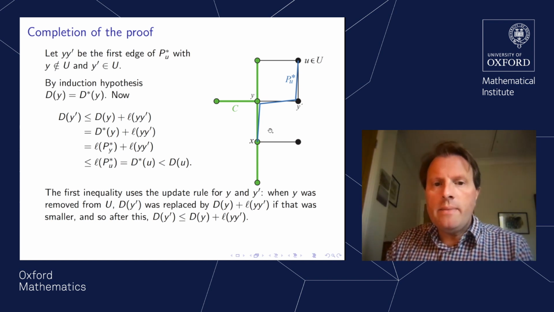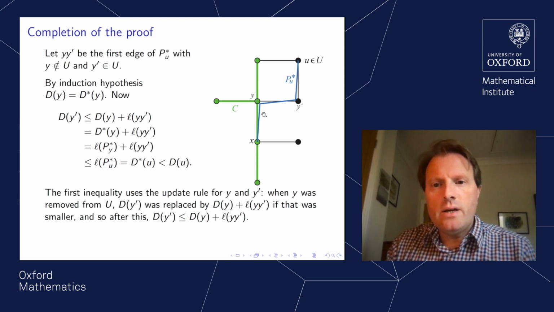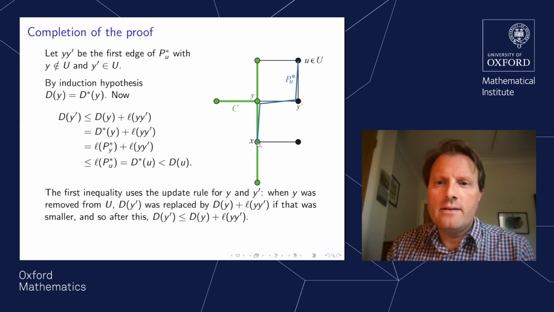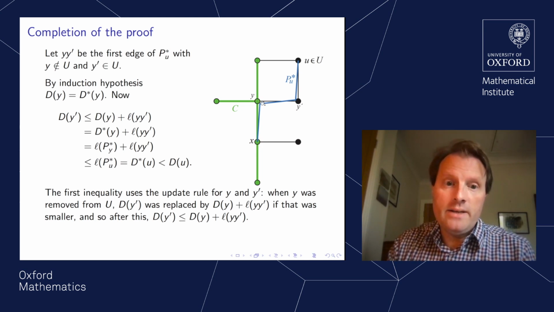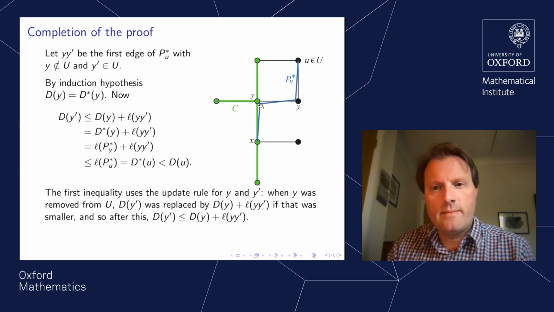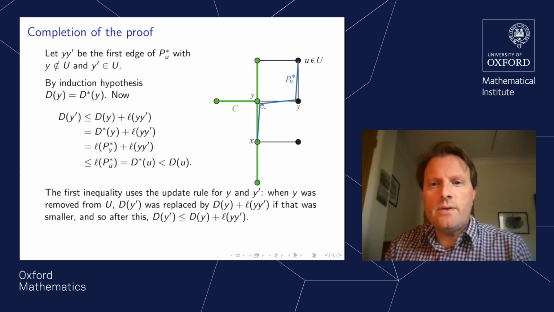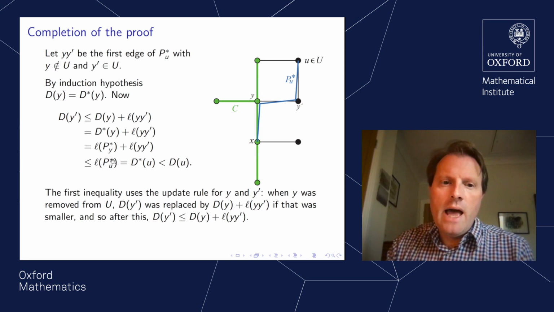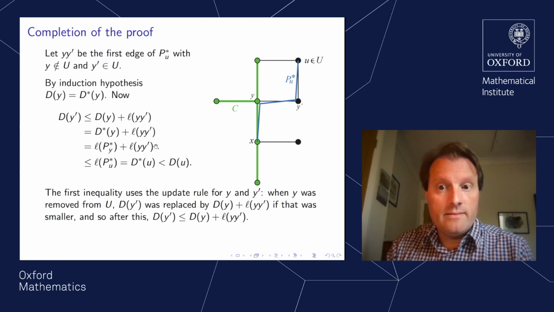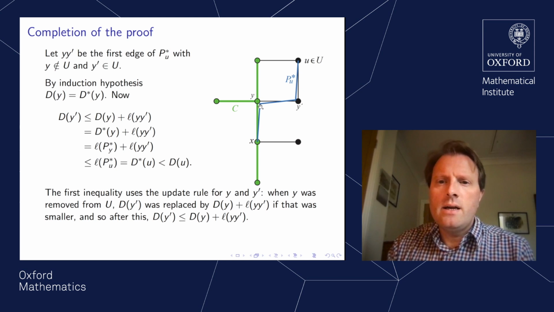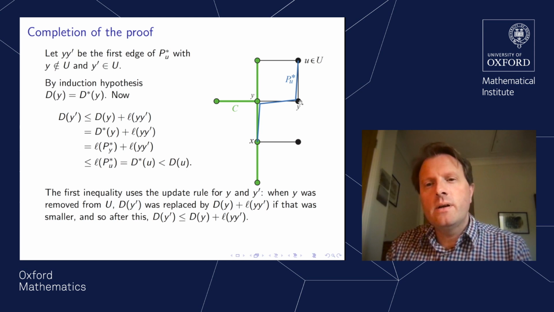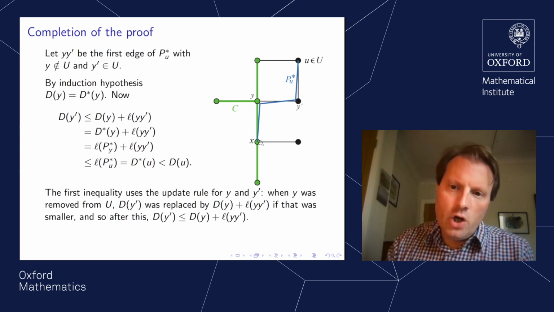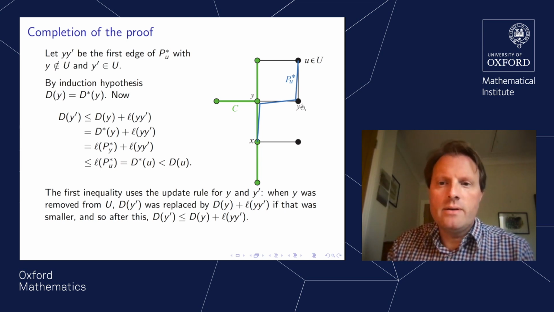So that means that the shortest way of getting from y to x is to go via P star U. So that means that L of P star Y, that shortest way, plus the length of y primed, well, that's the total length of this subpath from x to y primed.